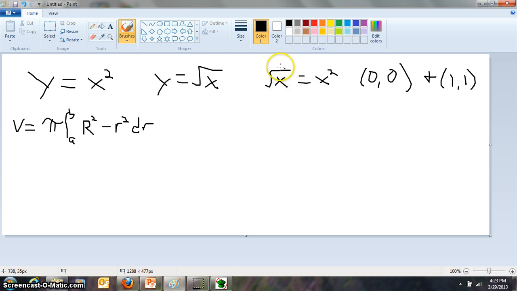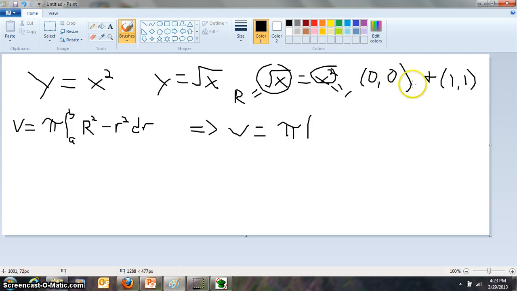But for this purpose, we will know that this equals big R, and this equals, by default, little r. So when we substitute these back in, we get the volume equals pi times the integral, since we know the x values, from 0 to 1, of the square root of x squared, which is basically x, minus x squared again, which is x to the 4th, which we've solved previously.